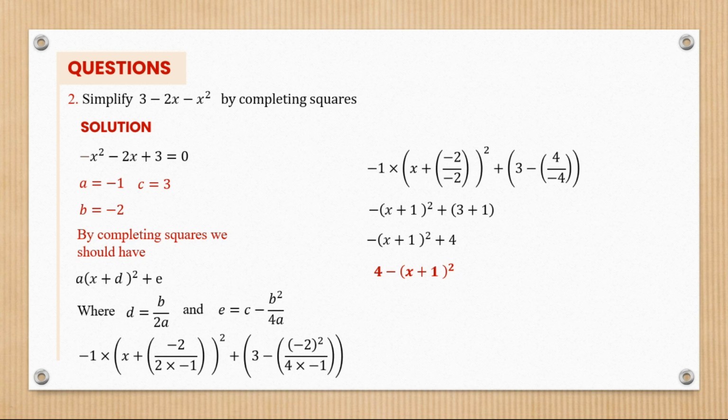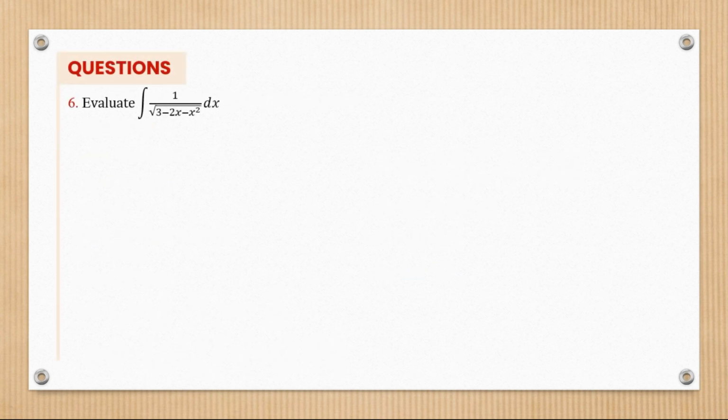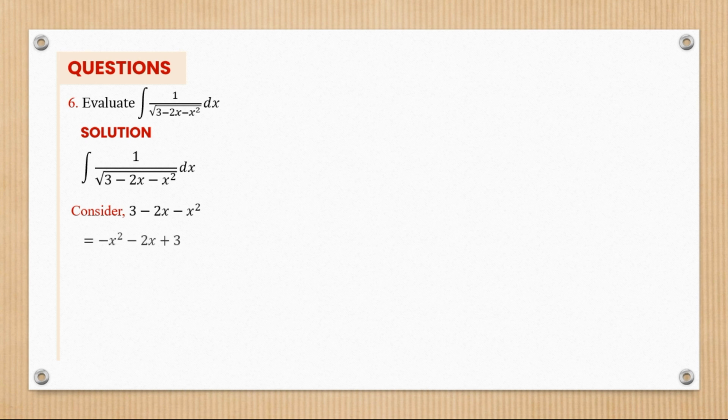So now that we know how to complete the square, let's look at integration, where in sine substitution we need to complete the square first. In question number 6, we're being told to evaluate this, to find the integral of 1 over root of 3 minus 2x minus x squared. So let's solve this. We're going to consider the value that is inside the root. We're going to complete the square for it so it's in a more simplified format. This can be rearranged as negative x squared minus 2x plus 3.